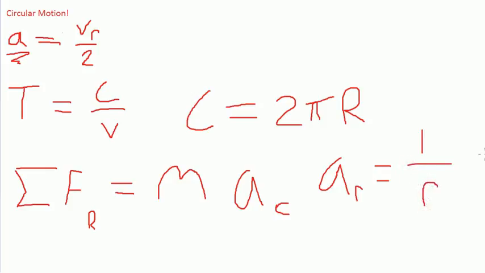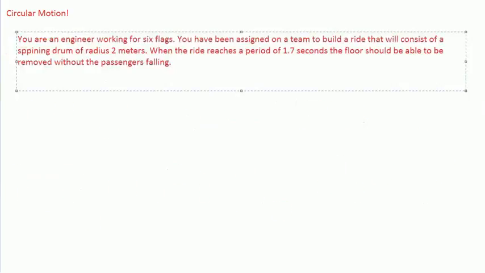So let's say you double the radius. If you double the magnitude of the radius, the acceleration will be decreased by half. That's why you need to know this, and that's how it works. It's inversely proportional.